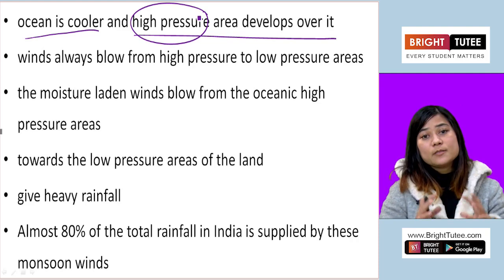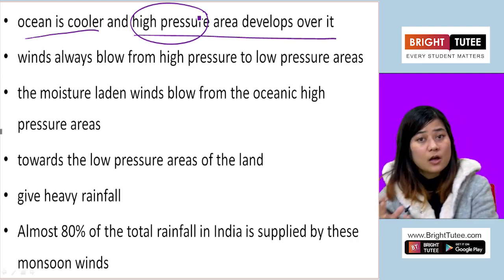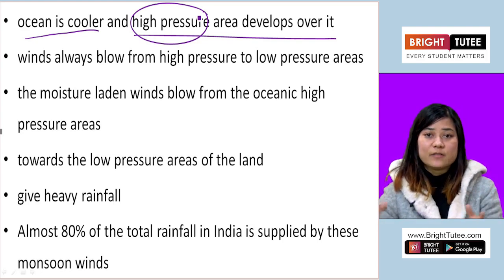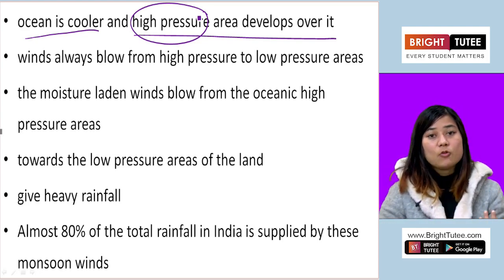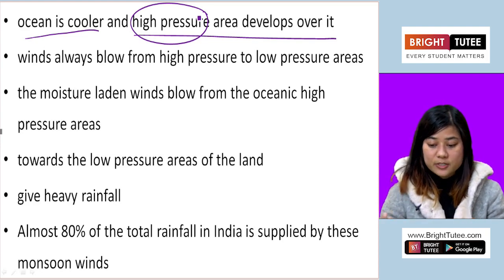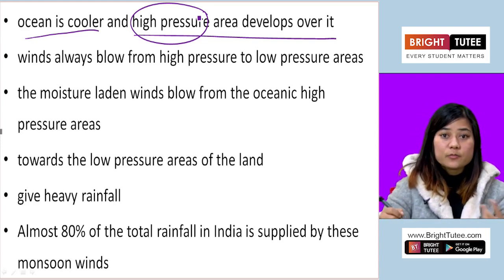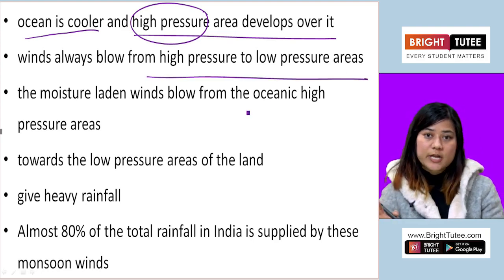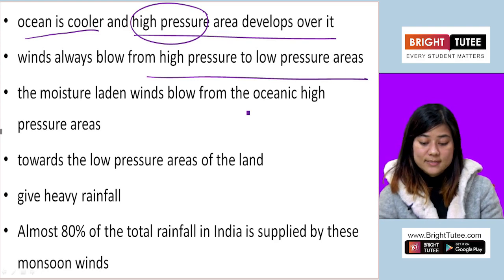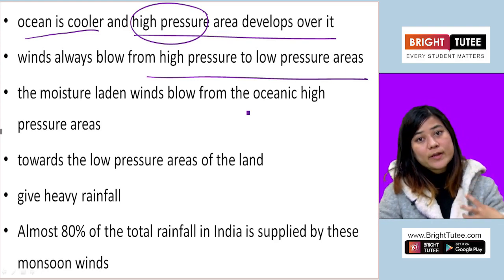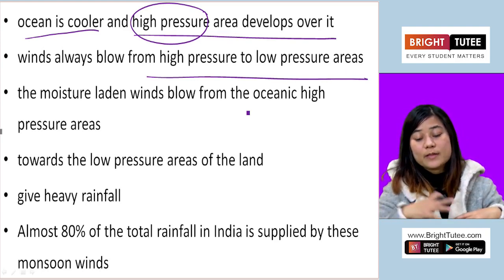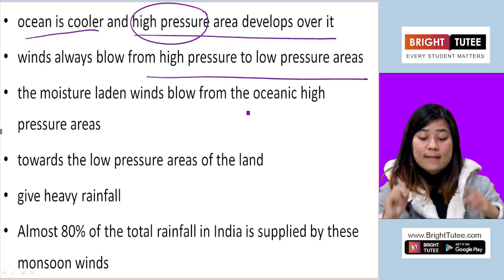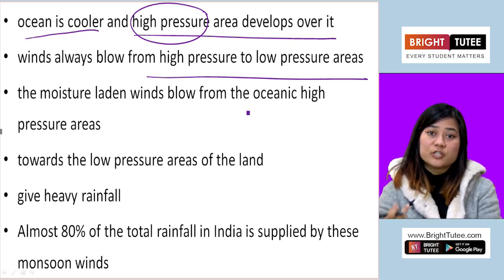And we know wind blows from high pressure to low pressure areas. We already know the northern plains are developing low pressure and the ocean is developing high pressure. So the wind will of course blow from the high pressure area to the low pressure area of the northern plains. As the wind blows from the ocean where the pressure is high towards the northern plains where the pressure is low, that wind brings moisture with it.